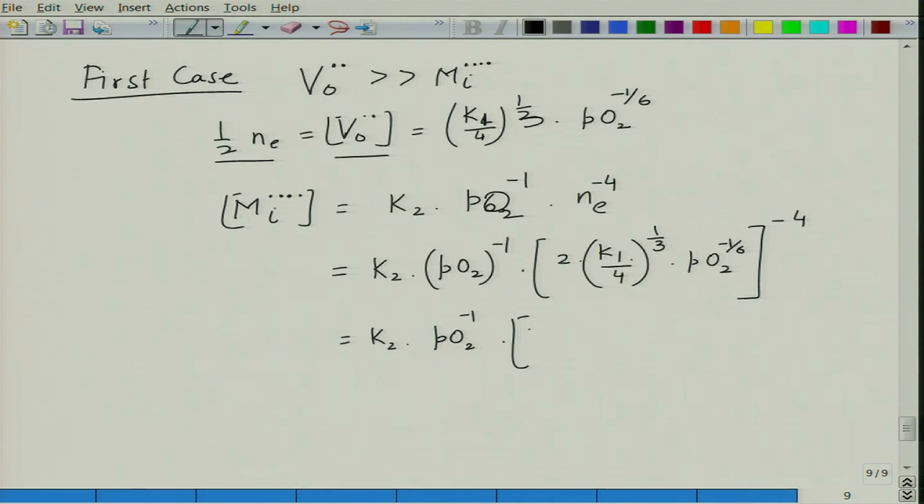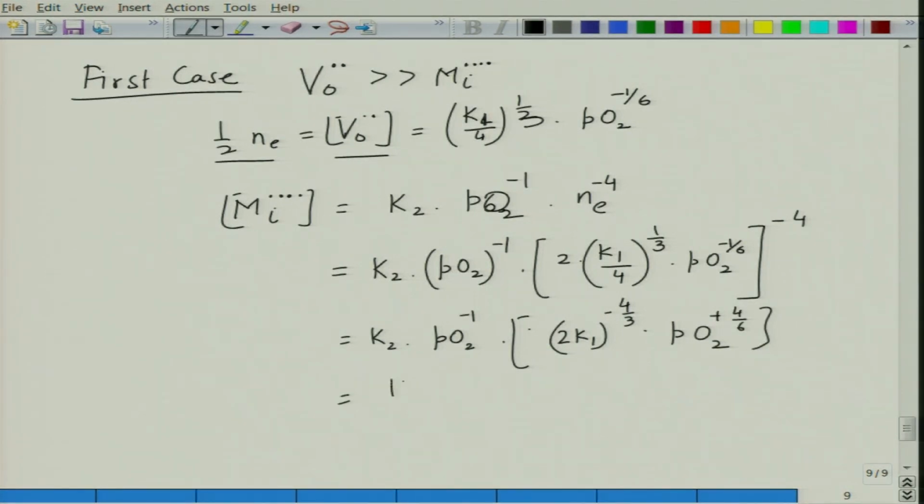So, if you take 2 inside it will become 8, right, and 8 divided by 4, this will be 2 K1 to the power minus 4 by 3, and this will be equal to Po to the power plus 4 by 6.